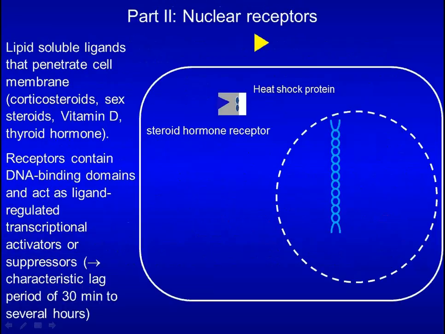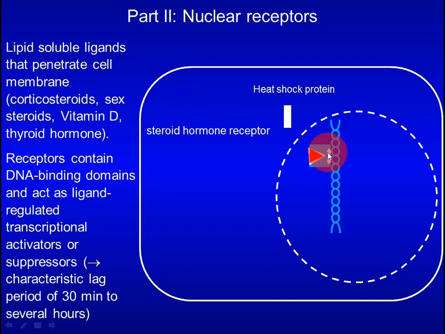A lipid-soluble hormone, such as a steroid hormone, penetrates the cell membrane. It binds a nuclear receptor in the cytoplasm. In this case, it is steroid hormone receptor, and it displaces the heat shock protein. The receptor enters the nucleus and binds the DNA.